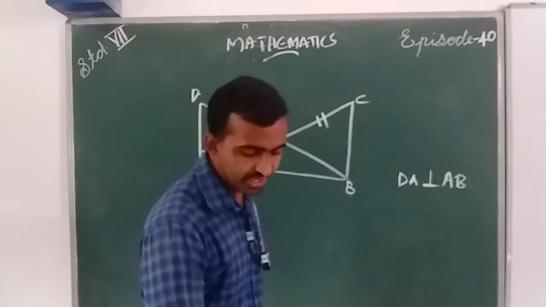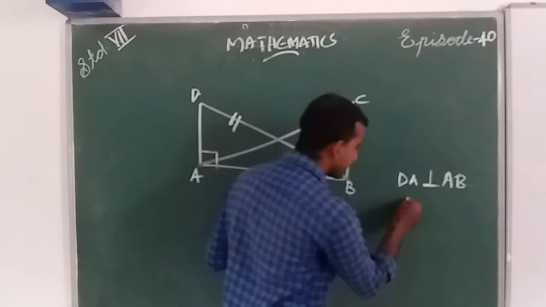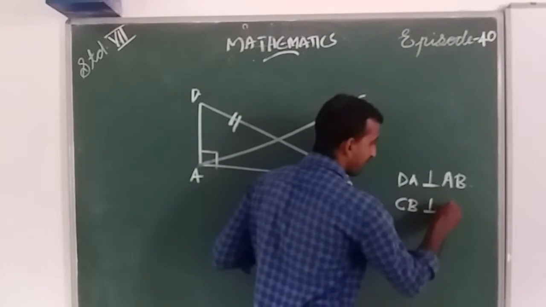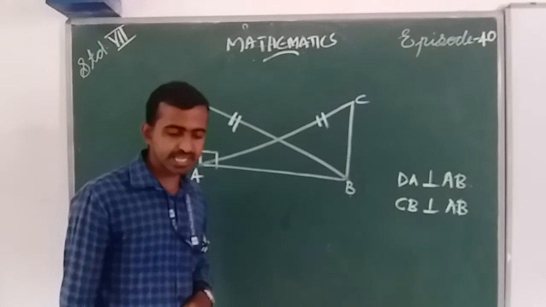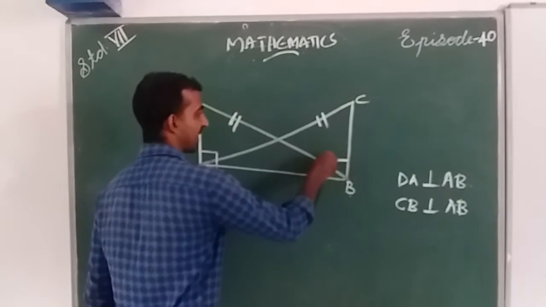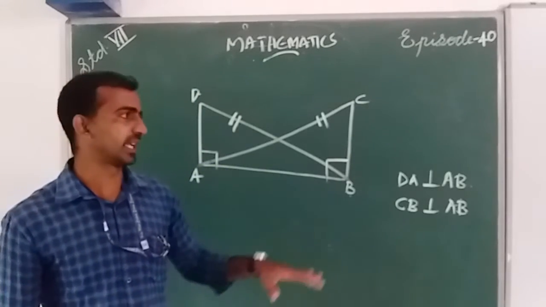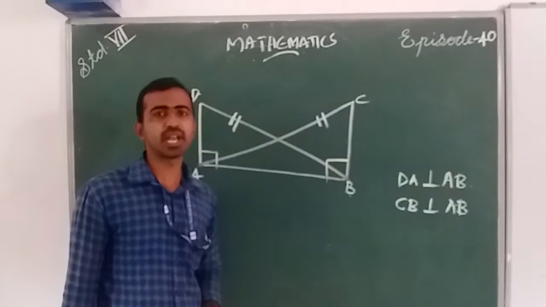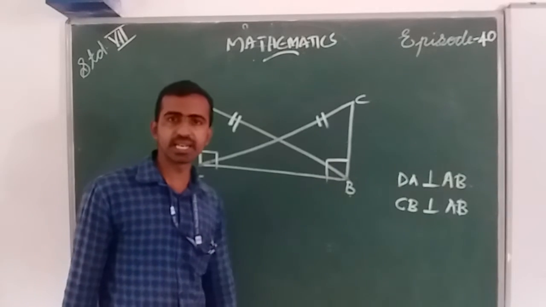There is also given that CB is perpendicular to AB. CB perpendicular to AB means this angle is also 90 degrees.